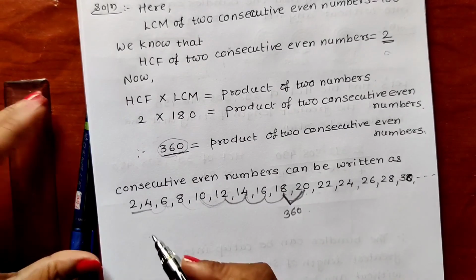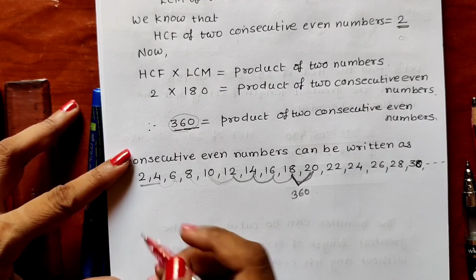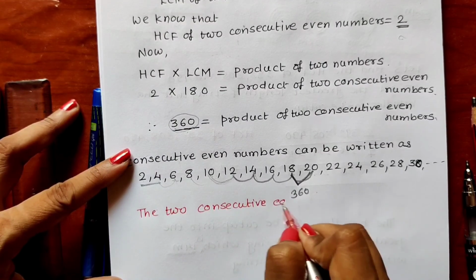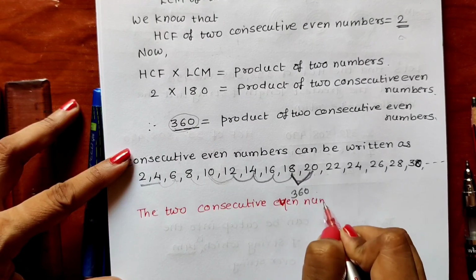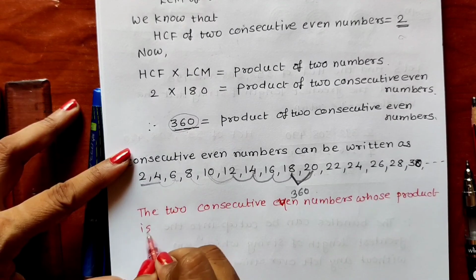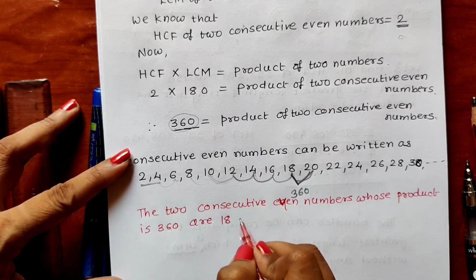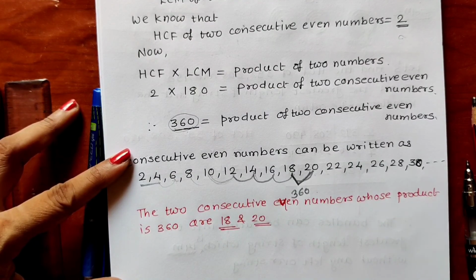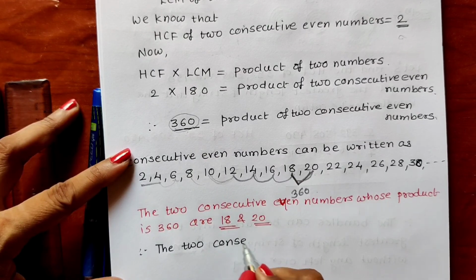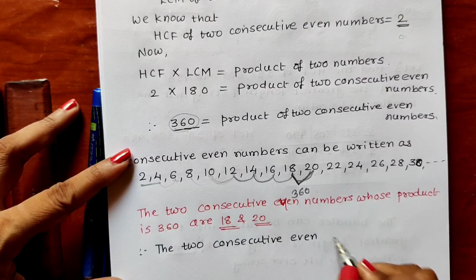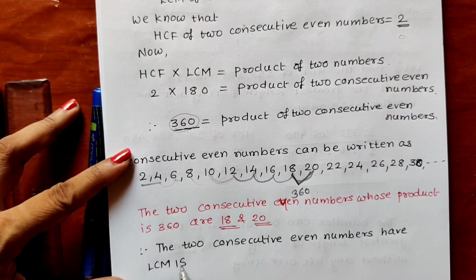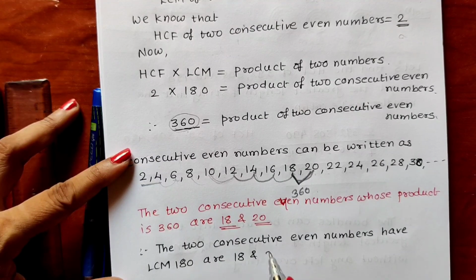So we will be writing here: the two consecutive even numbers whose product is 360 are 18 and 20, and therefore the two consecutive even numbers having LCM 180 are 18 and 20.